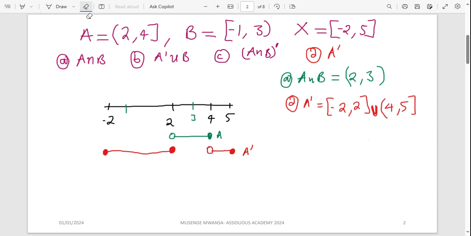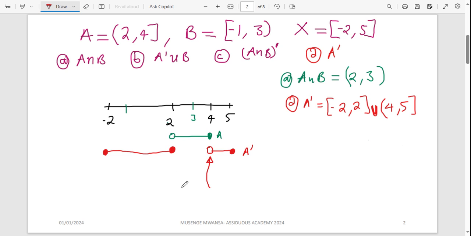Okay, look at this. The set A has got 2, it has also 4, but we are not including 2, we are including 4. Since 2 is not part of the set A, it is going to be outside A. And if you look at 4, since 4 is part of the set A, it can't be outside A. That is why at 4 in the complement I have not shaded.